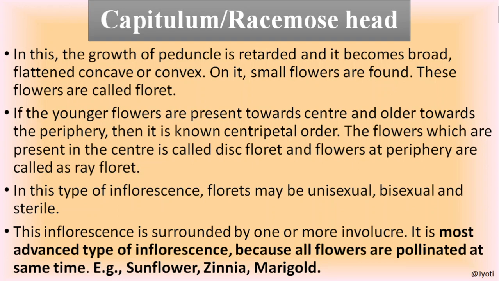It is the most advanced type of inflorescence because all flowers are pollinated at the same time, because they are arranged so compactly. So whenever pollination takes place, all the flowers get pollinated at the same time. This is the most advanced feature of this type of inflorescence.